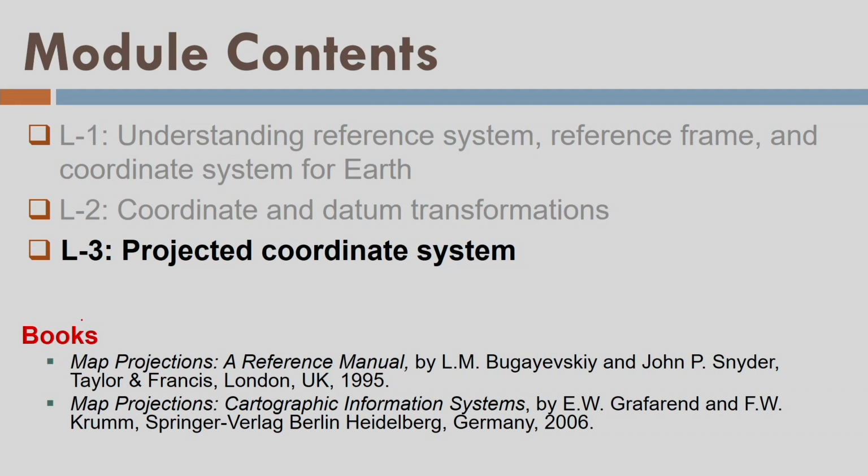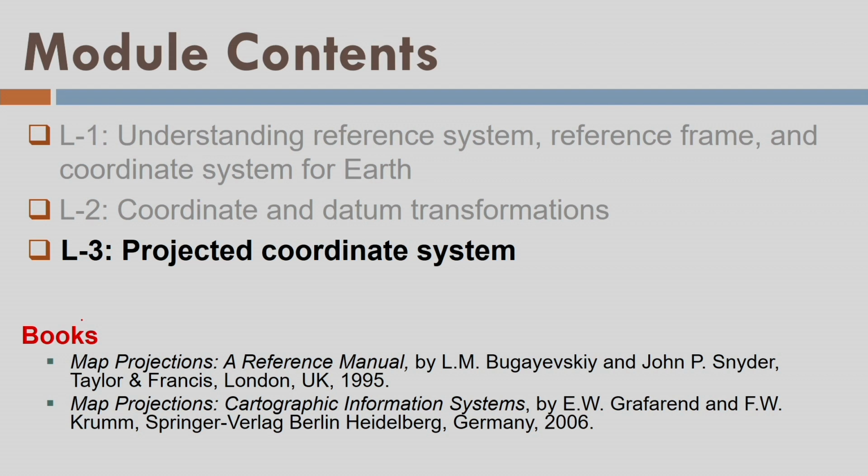In the previous two lectures we learned how to establish a reference system, how to conceptualize it, and how to establish a reference frame, that is a realization of a reference system. Later we decided how to use different types of coordinate systems to locate one point or multiple points.